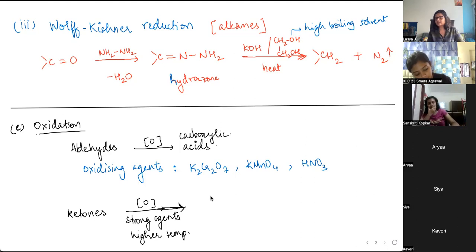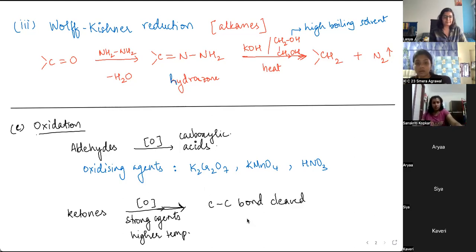Is it a direct conversion? In ketones, the carbon chain is broken wherever the C double bond O is. So we have C-C bond cleaved acids.